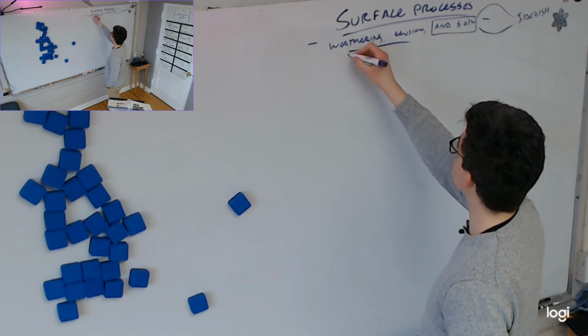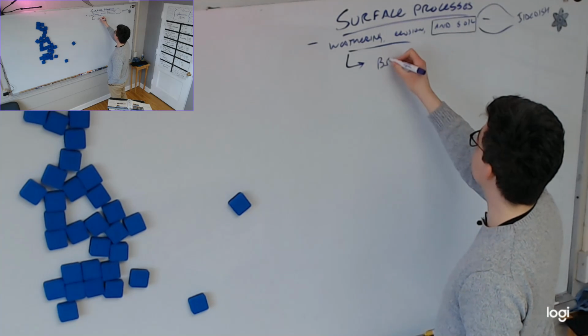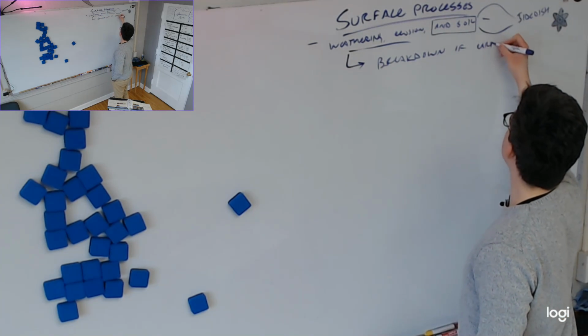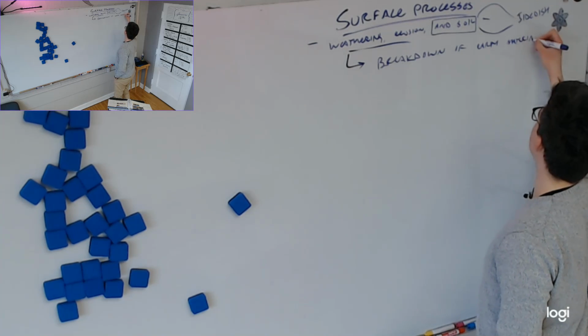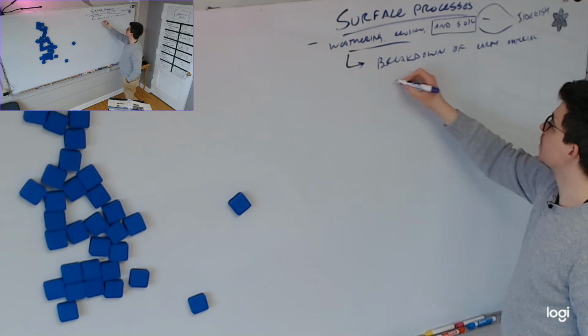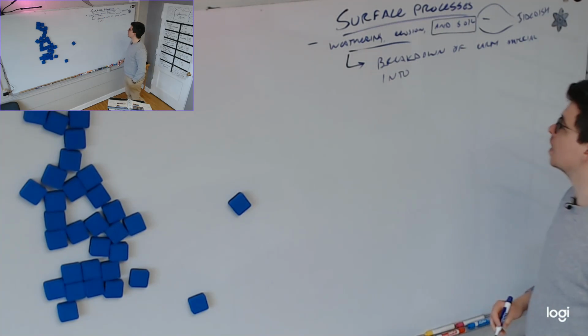So weathering and erosion. We're going to start with weathering. Weathering is the breakdown of earth material. What's another thing I could put that would be slightly less true and slightly less all-encompassing for earth material? Weathering is breakdown of earth material into, and I'm going to leave a spot there because we're going to talk more about that.